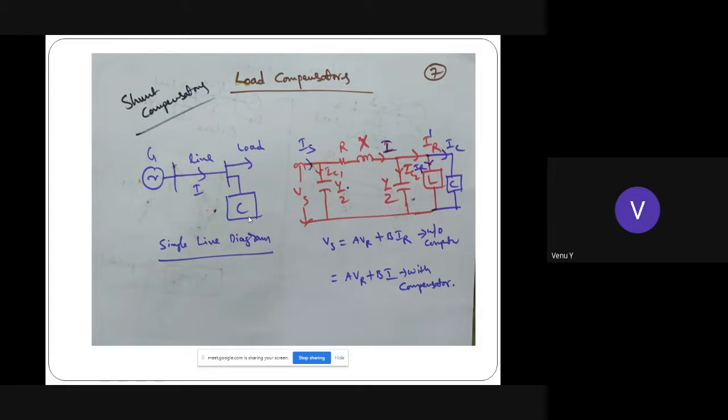Now let us analyze this compensated system or load compensator. When the compensator is placed at the load point, let us have the nominal pi model. So why is the nominal pi model chosen? Anybody can answer my question.